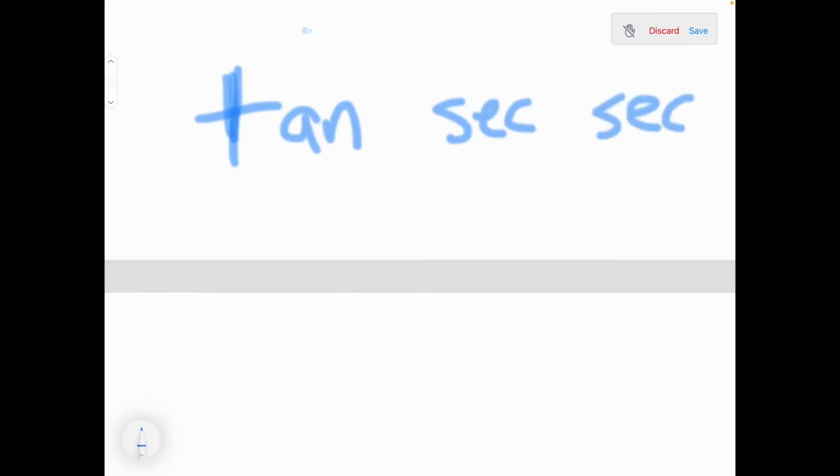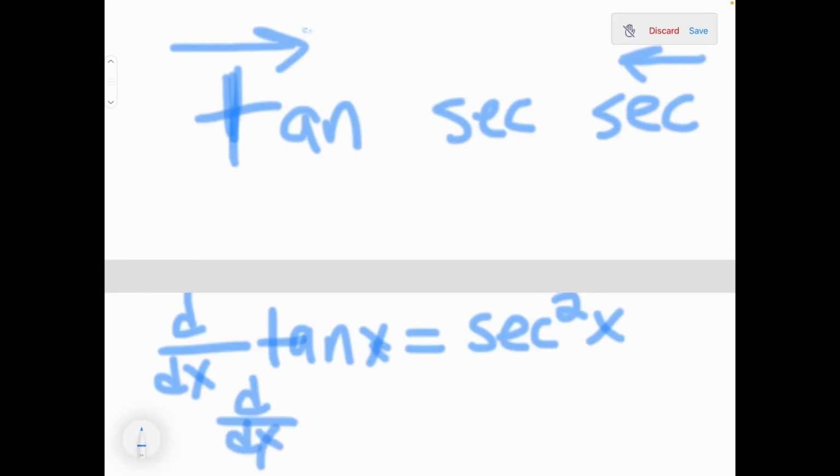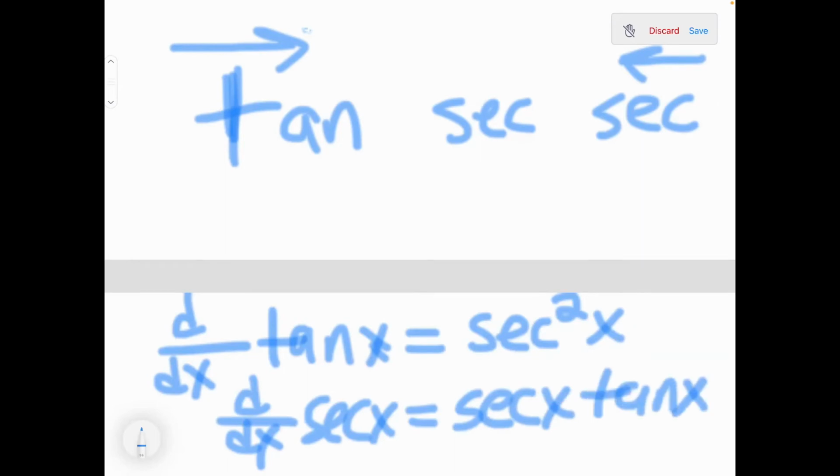So the derivative of tangent, d/dx of tangent x, going from left to right, would be secant times secant, which is secant squared x. And going from the other side, the derivative of secant x would be secant x tangent x. So maybe this is something that can help us remember that.